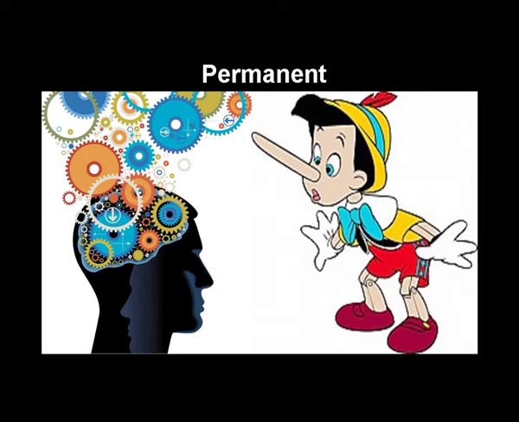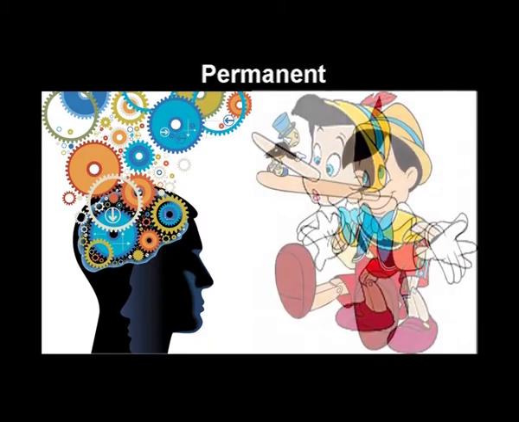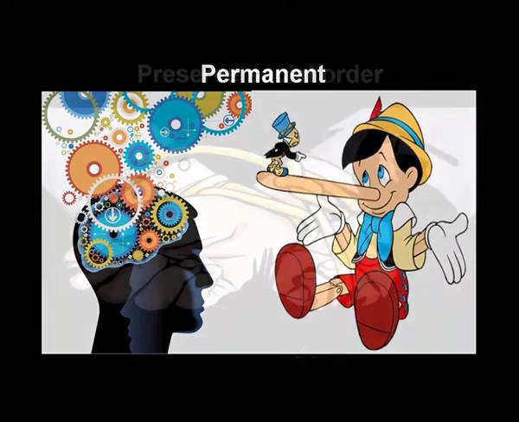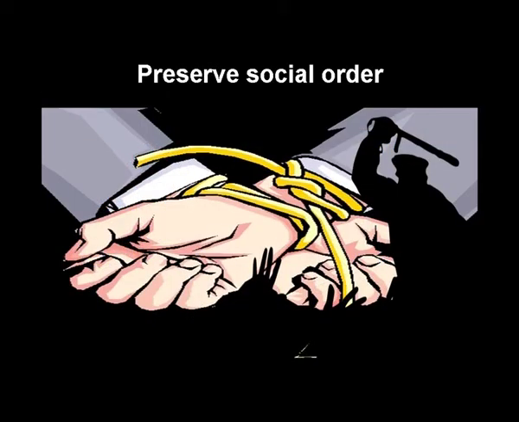Changes take place only when the circumstances demand it. Hence, institutions are relatively permanent. 6, institutions are control mechanisms that preserve social order.